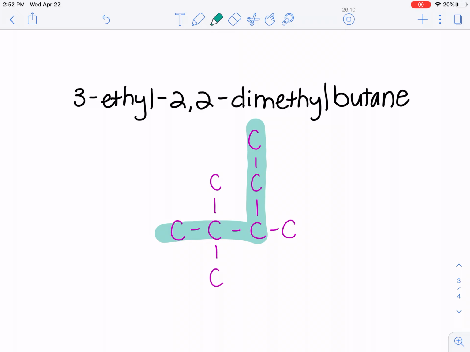So anyway, the better name for this one would be 2, 2, 3, right? 1, 2, 2, 3 trimethylpentane.